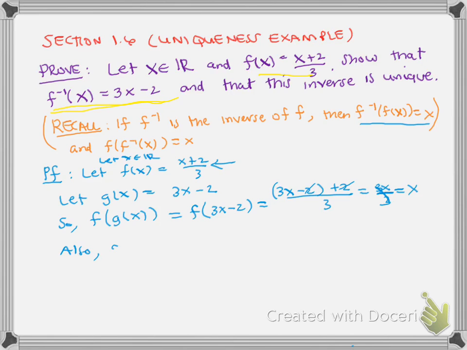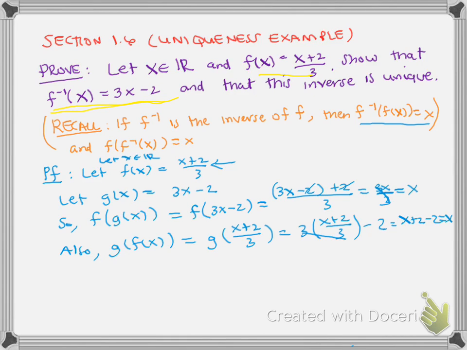Also, g of f of x, because you have to prove it both ways. That's g of (x plus 2) over 3, which is 3 times (x plus 2) over 3, minus 2. The 3's cancel, giving x plus 2 minus 2, and that equals x.